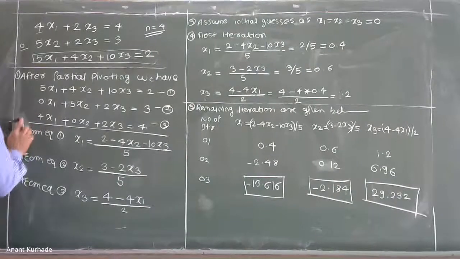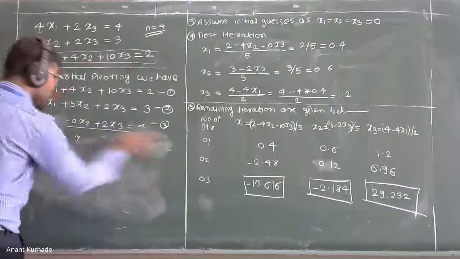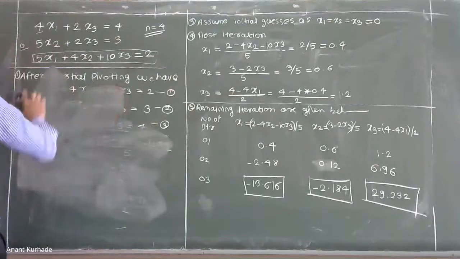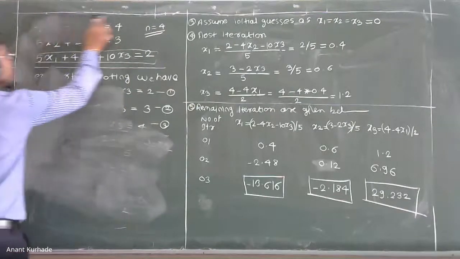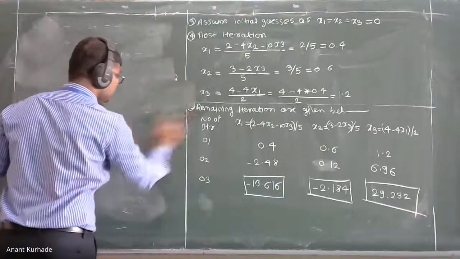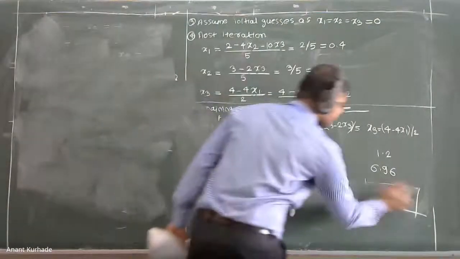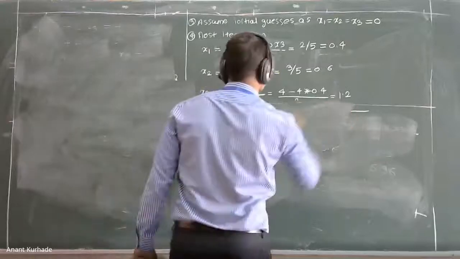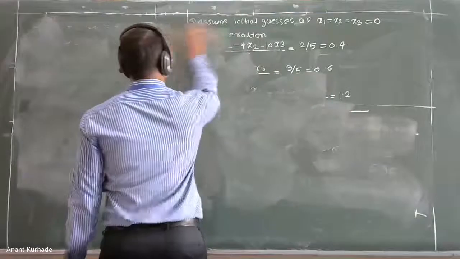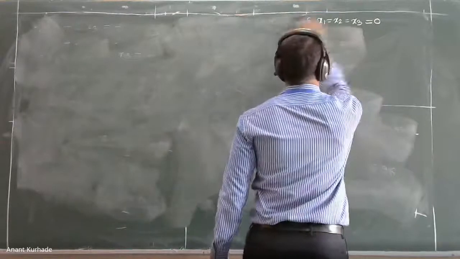Do you understand all these four methods? Just remember the difference between these two methods, the Gauss-Seidel method and the Jacobi iteration method.